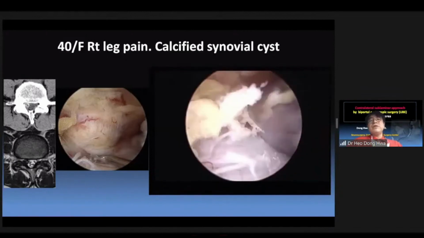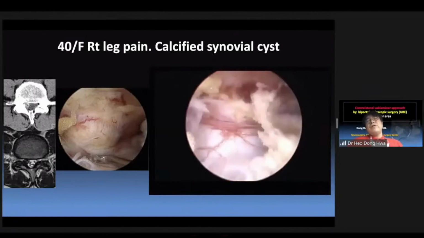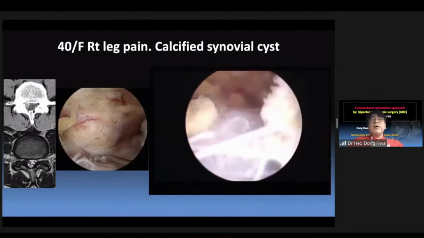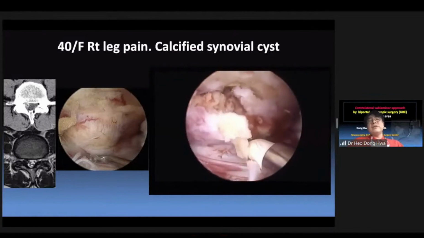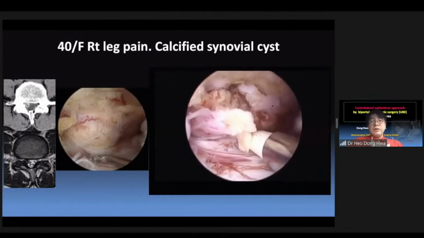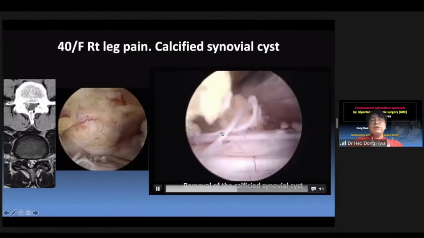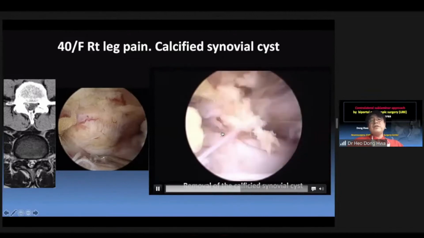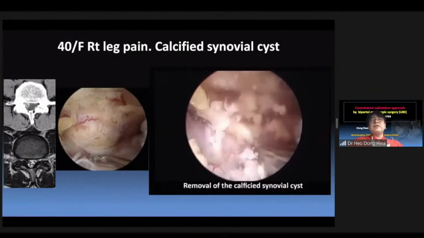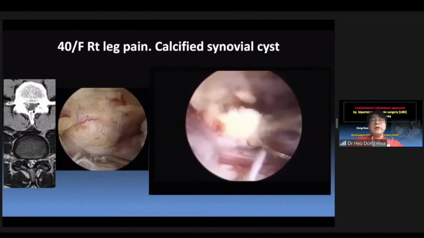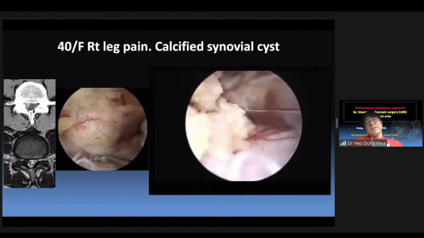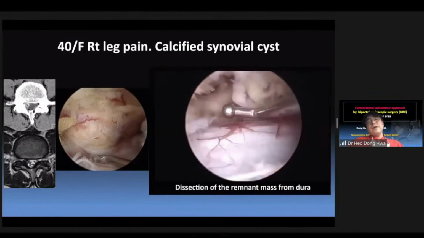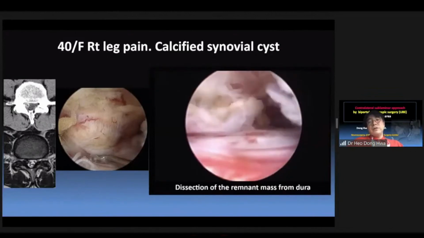This approach is very familiar for the biportal endoscopic surgeon as well as the PSLD surgeons. You can see the traversing root. After dissection is first, removal of the cyst is next. Now I remove the remnant cyst wall using the endoscopy equipment.